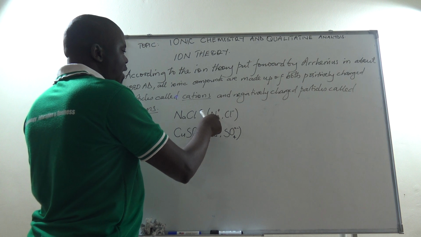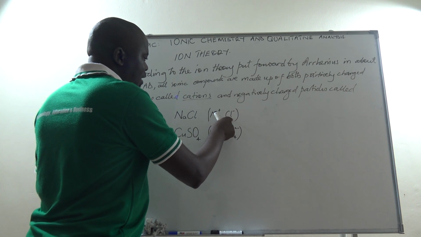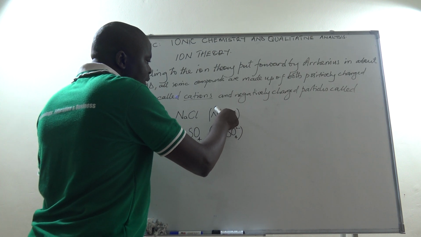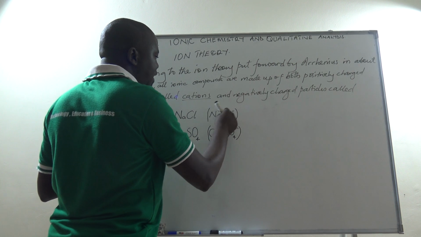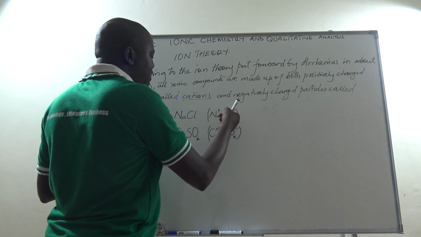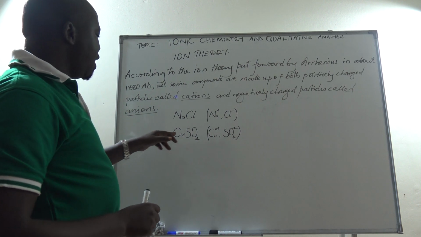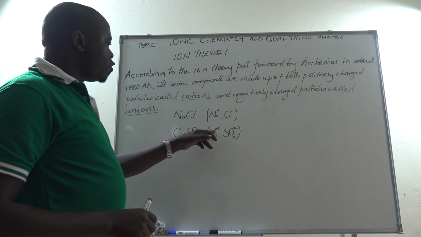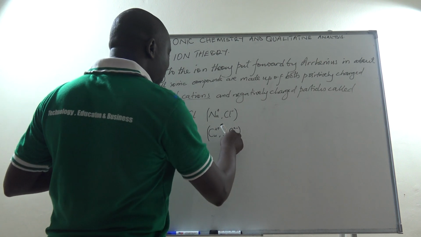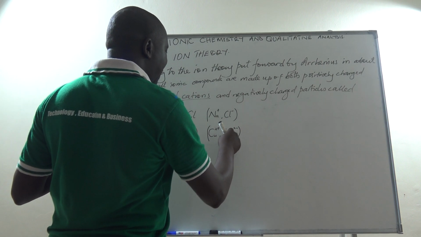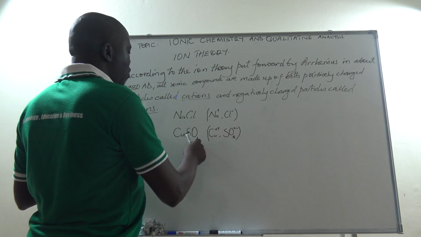So in sodium chloride, we have one positive charge on the sodium ion, and the chloride ion has one negative charge, and in the whole of sodium chloride, this one positive charge and the one negative charge cancel and give us a neutral sodium chloride. Even in copper 2 sulfate, we have two positive charges on the copper 2 ion, and two negative charges on the sulfate ion. So they simply cancel and we get neutral copper 2 sulfate.